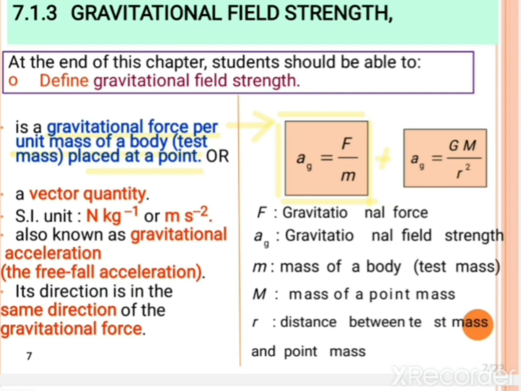Gravitational field strength is a vector quantity. Unit is Newton per kilogram or meter per second squared, m s negative 2. It is also known as gravitational acceleration or free fall acceleration. Its direction is the same as the direction of gravitational force.